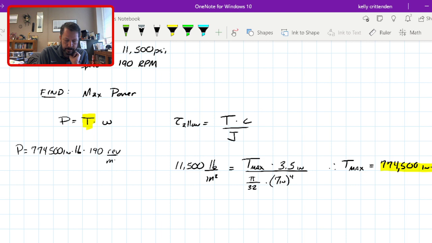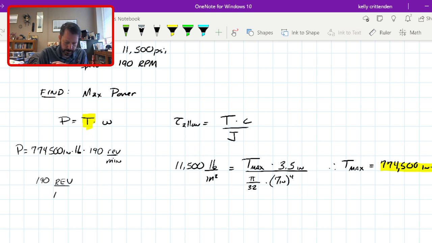revolutions per minute. If you're on your calculator, not MathCAD, you can't just multiply these two numbers together, because you'll get 774,500 inch-pound revolutions per minute, which does not translate to any kind of power. So we need to convert correctly to get radians per second out of the 190 revolutions per minute. I'll do that over here, and then we'll let MathCAD do it for us.